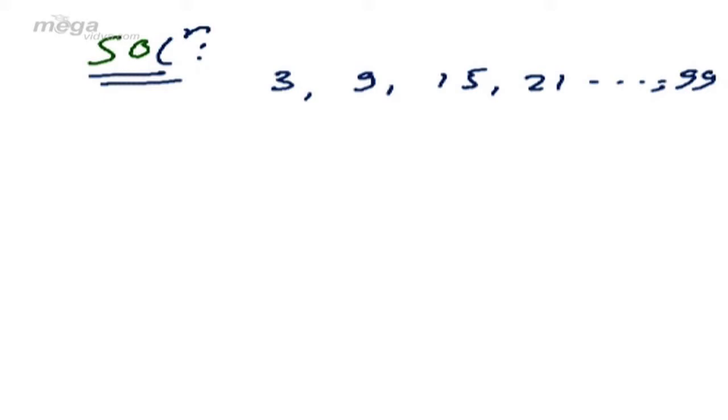But first of all, we have to find the number of terms in this sequence. In this sequence, the last term is given, 99. It means L is 99. The common difference is 6 and the first term is 3. We have to find the number of terms before finding the sum of n terms of the AP.